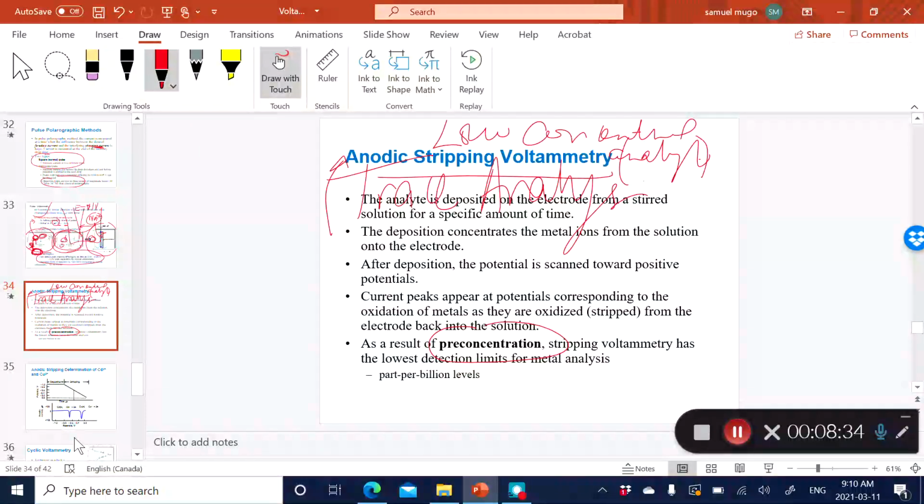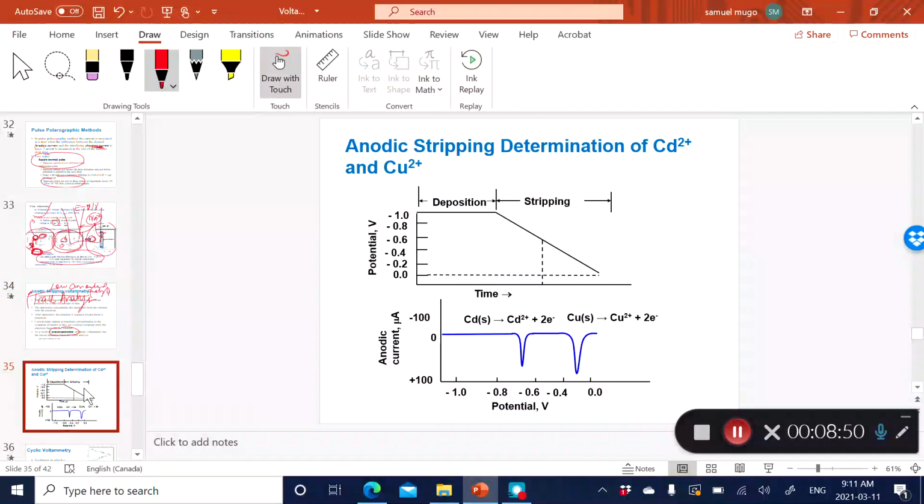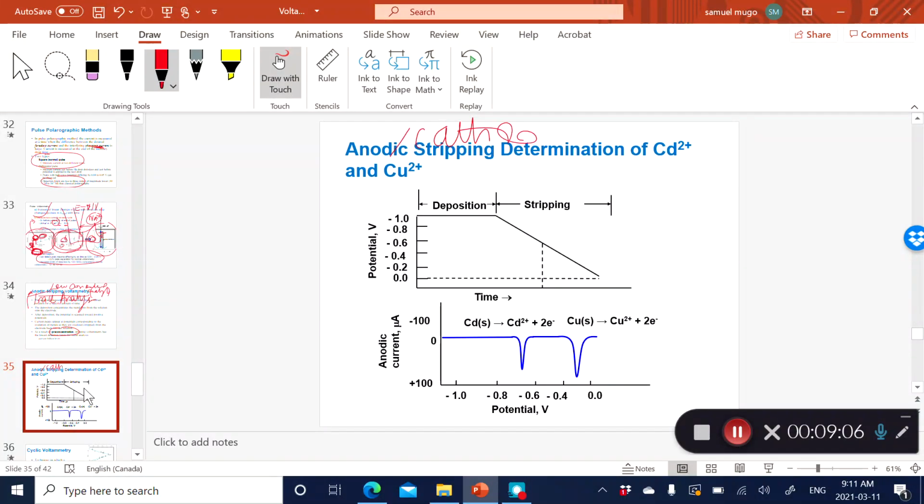Again, the purpose is to electroplate the analyte on the electrode surface, and that is pre-concentration, and then you strip it away, and when you're stripping it away, you're doing detection. Let me illustrate it using the time-potential profile and the signal-potential profile that you would get when you're doing anodic. And of course, there's no reason why you cannot do cathodic stripping voltammetry as well. You can do anodic or cathodic stripping voltammetry.